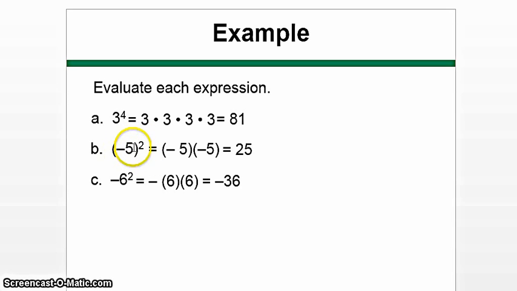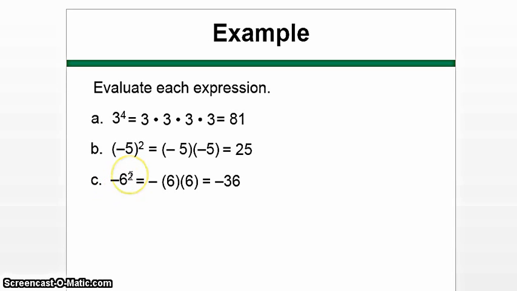The repeating factor is -5, which is multiplied 2 times. -5 times -5, which gives 25.